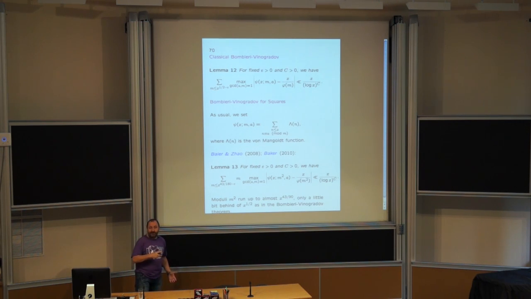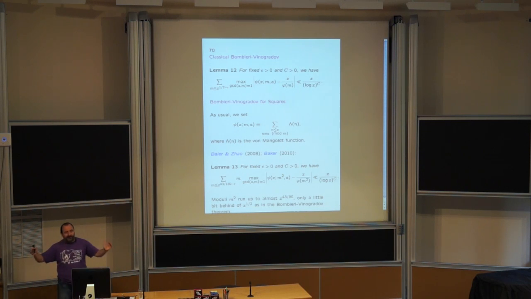But Bombieri-Vinogradov tells us that we shouldn't do it. The right-hand side doesn't change. So we estimate all these error terms together with the same strength as each individual term. It's a very great result, and it comes from our control over the Siegel zero. So this is what classical Bombieri-Vinogradov tells us.